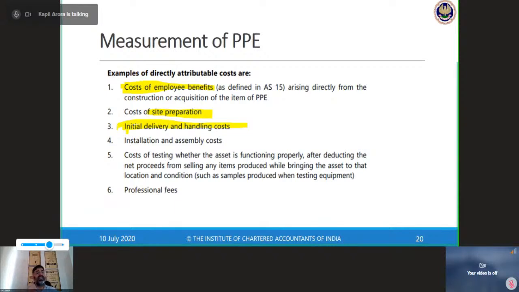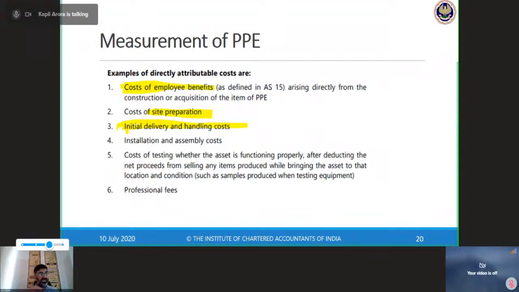So initial delivery and handling cost. For example, I ordered machinery in China. China would send the goods to me, or that asset to me. That asset would require freight to transfer the goods from China to India, right? The insurance which is required to transfer the asset.